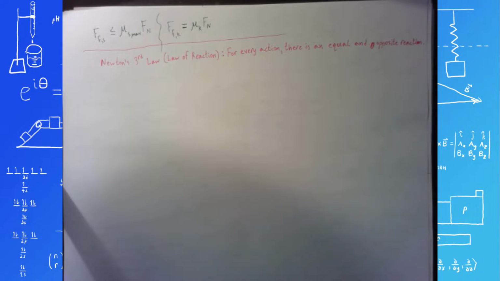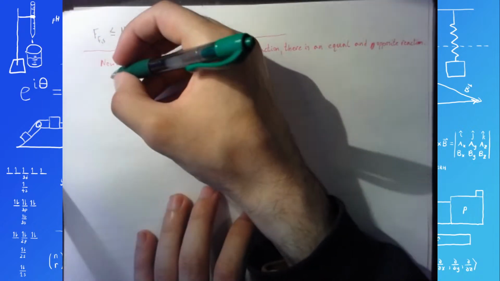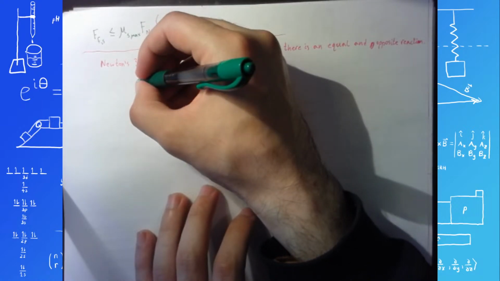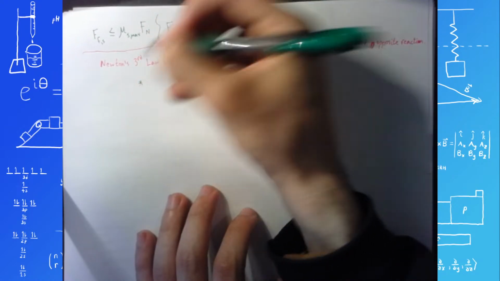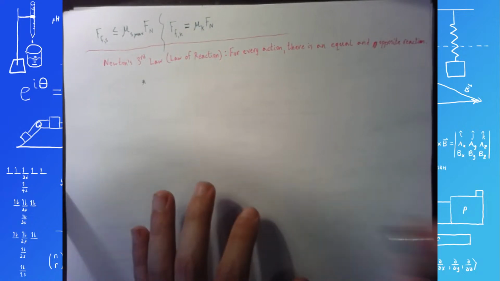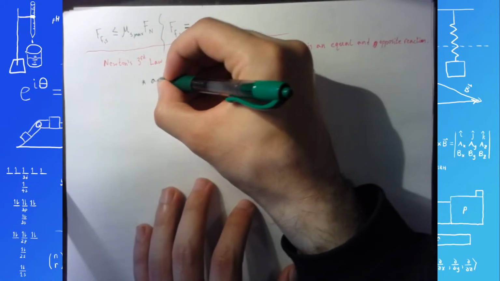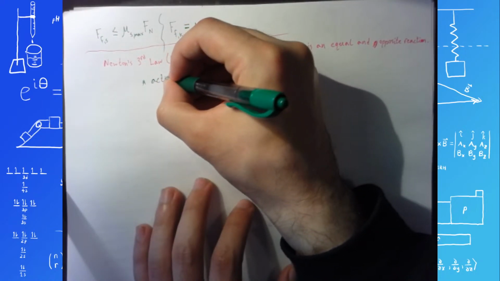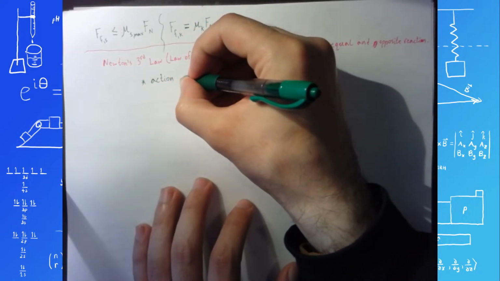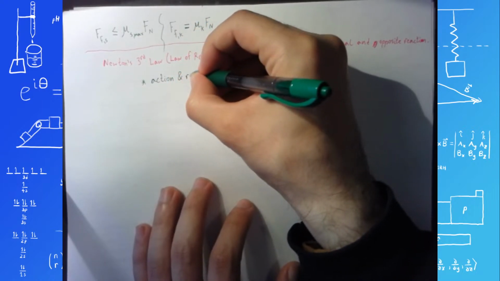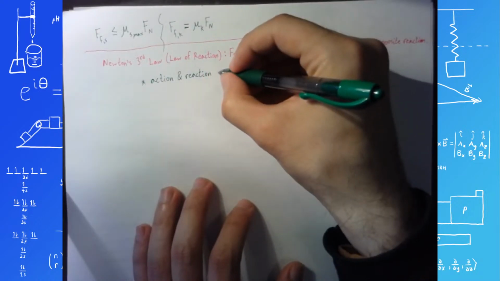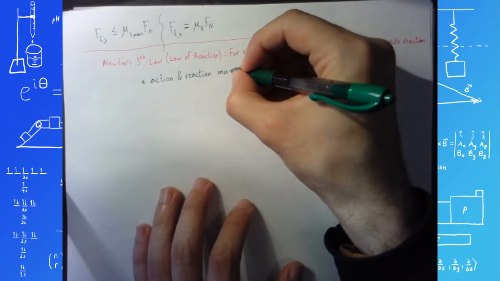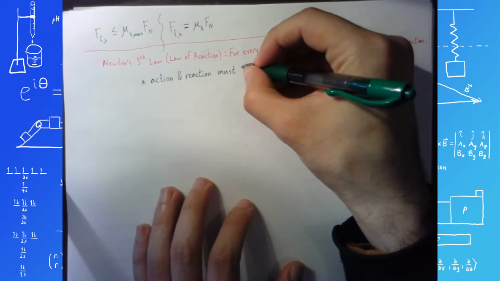So here's something that's commonly misunderstood about Newton's third law. Action and reaction are not only equal in magnitude. Action and reaction must be equal in nature.